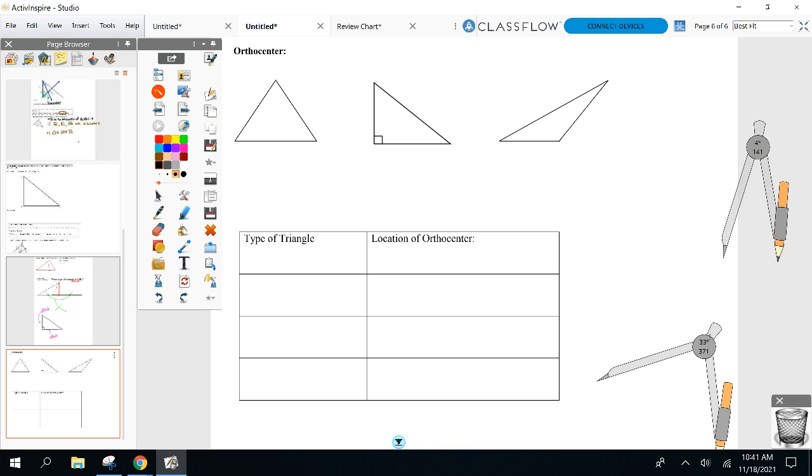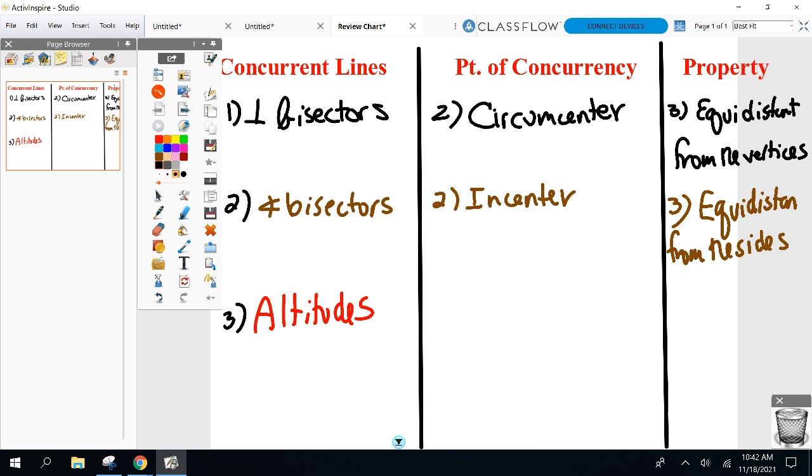That is where all 3 altitudes meet. Orthocenter, where all 3 altitudes meet.